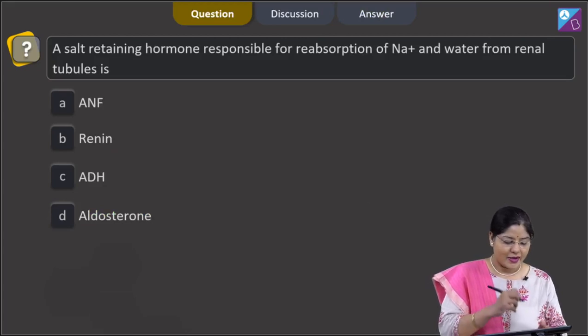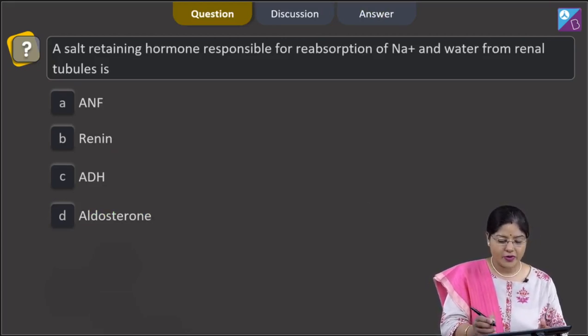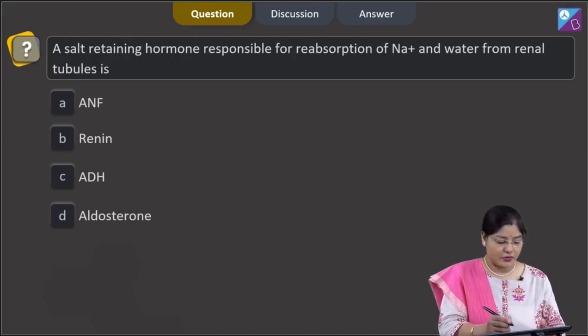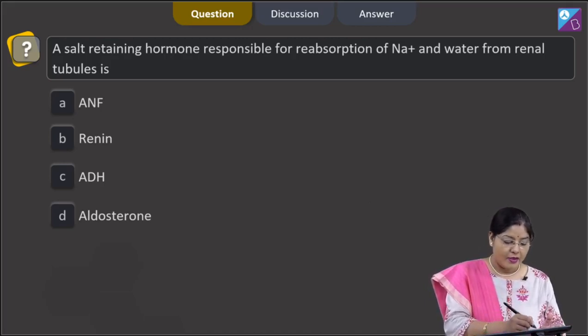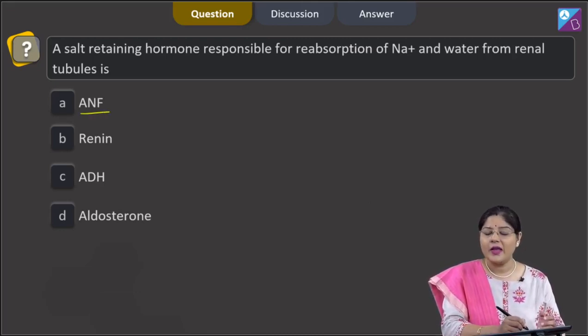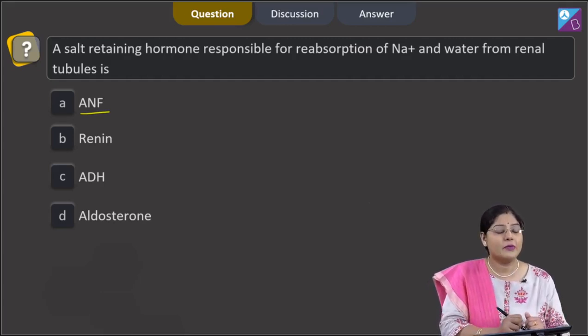Question states that a salt retaining hormone responsible for reabsorption of sodium and water from renal tubules is, and the options given are first option ANF, second option renin, third option ADH and fourth option aldosterone. ANF is atrial natriuretic factor, and this ANF is a peptide hormone secreted by the wall of atria, myocardium region, and ANF is released in response to the high blood pressure, and its function is to decrease blood pressure.